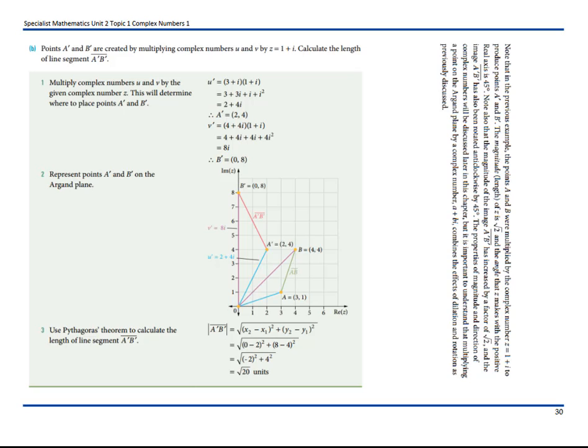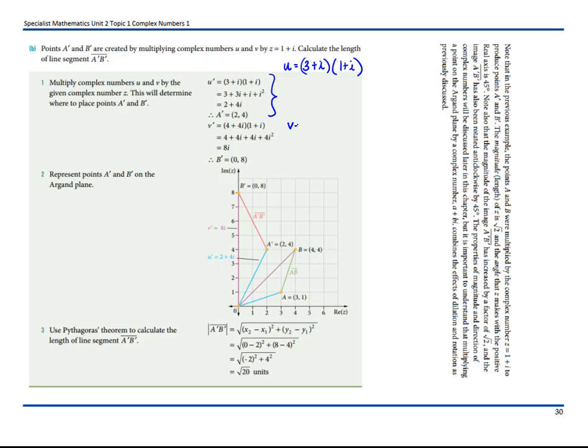Now, let's look at the transformation. The transformed points A dash and B dash are created by multiplying complex numbers u and v by z equals 1 plus i. So our u, which was our 3 plus i, we're going to multiply that by 1 plus i, and you can see that calculation there.